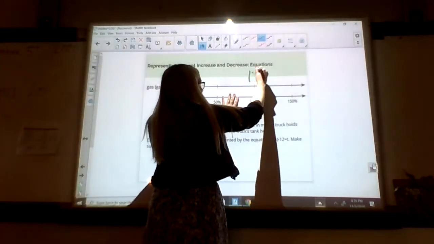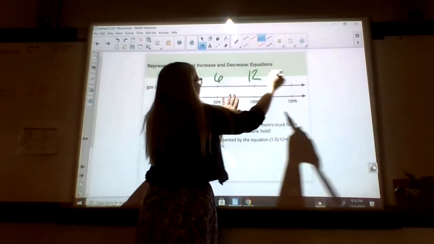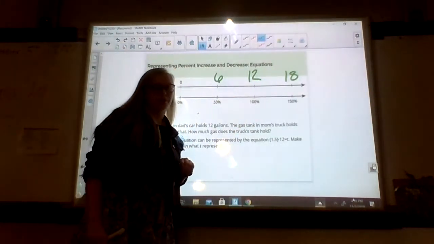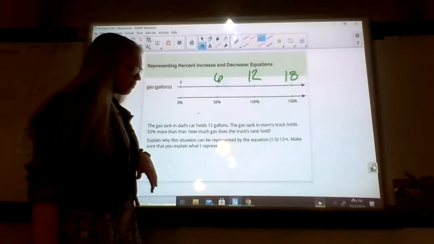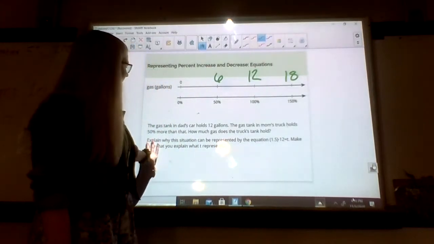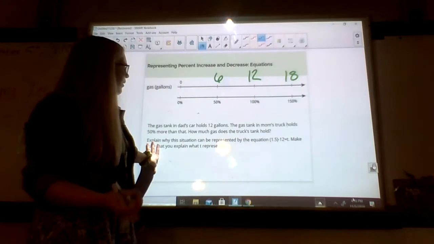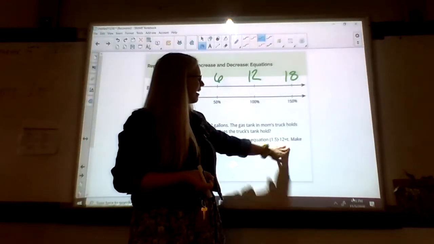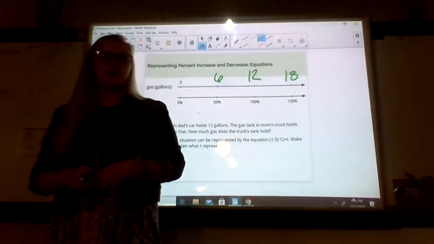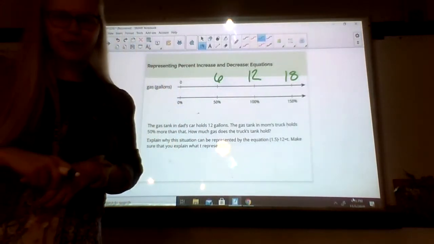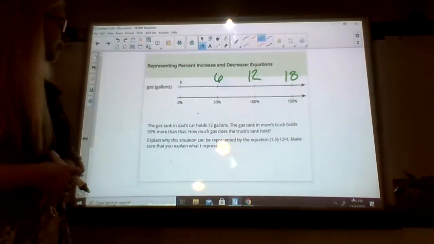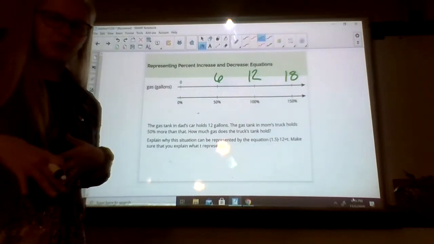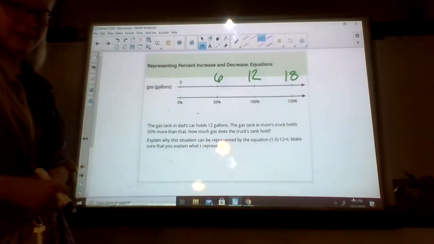We know that 100% is going to be our 12, 50% would be 6, and 150% would be 18. Well, it asks us why do we know this situation can be represented by the equation 1.5 times 12 equals t. Make sure that you explain what t represents. Go ahead, see if you can figure this out. Take another 5 minutes.